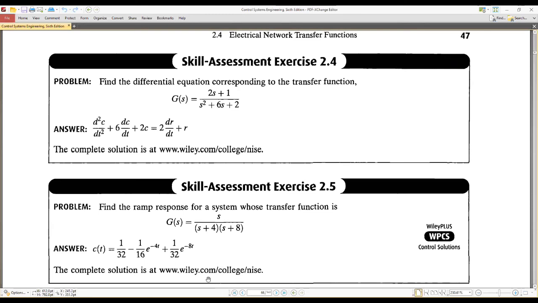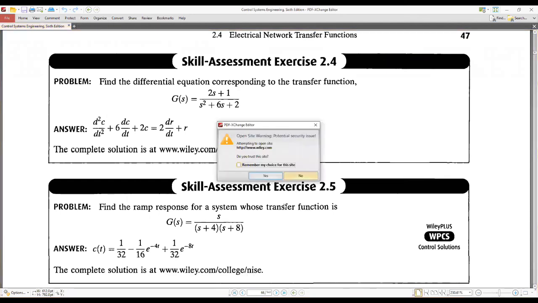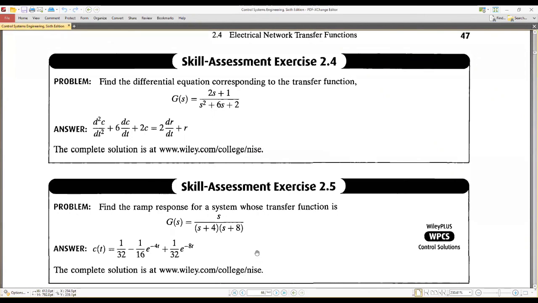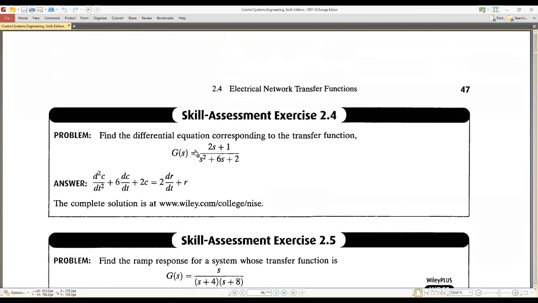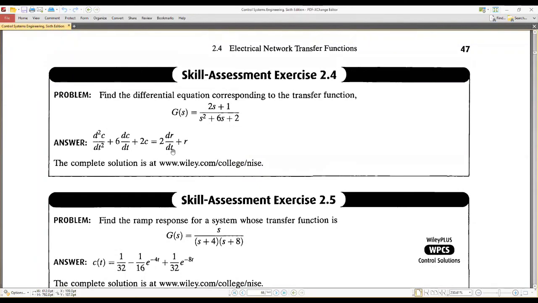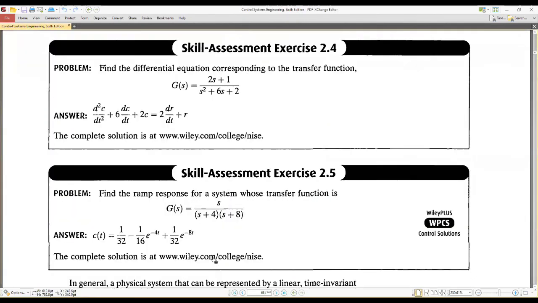You'll get the complete solution there, but I do not want to go there. You will find the solution of the skill assessment exercise on the website. Just check the website, then you will be able to see.